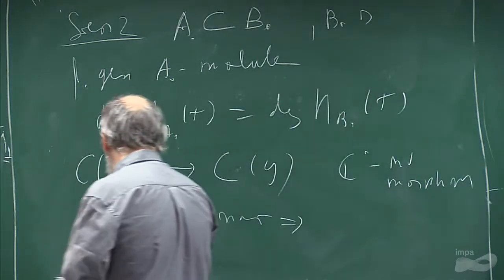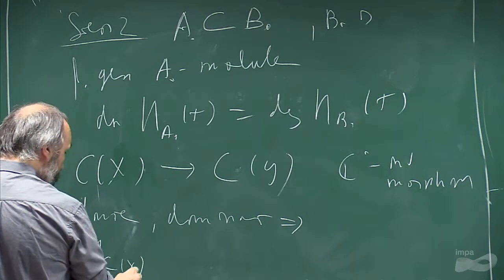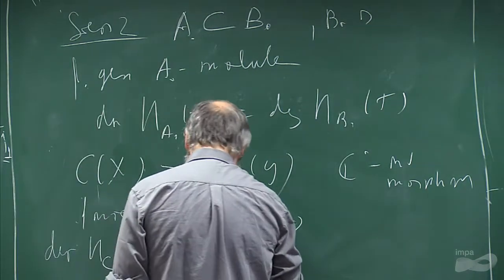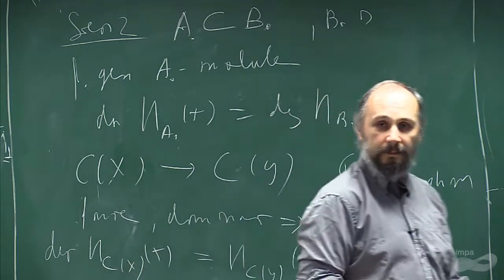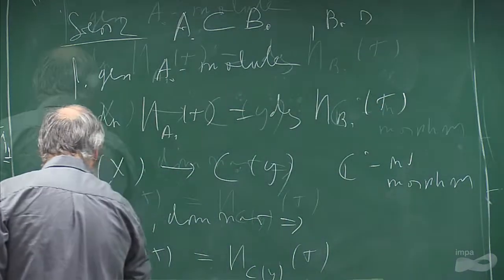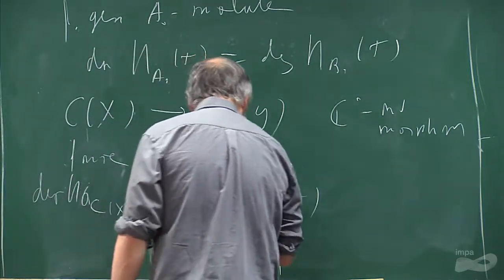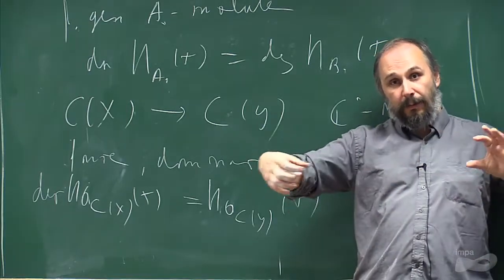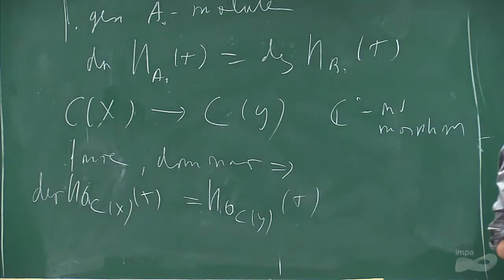And you obtain that the Hilbert polynomial of C of X has the same degree as the Hilbert polynomial of C of Y, where I should probably write H_O of C of X, and H_O of C of Y. And I consider these two as graded rings with the grading which is induced by the cone; it has this direction. Okay.